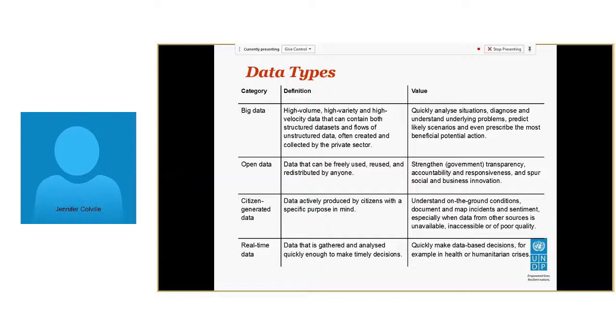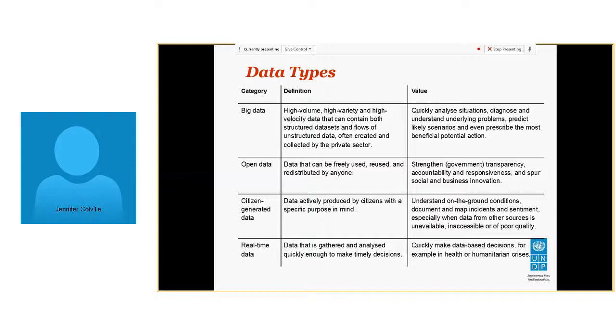You're not making a decision every day at the policy level, but you need it frequently enough to course correct or move in a different direction when needed. So there are different data types.